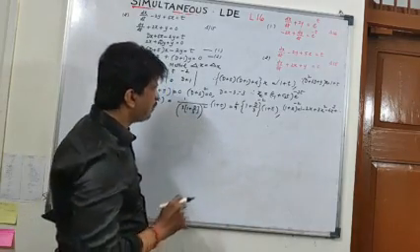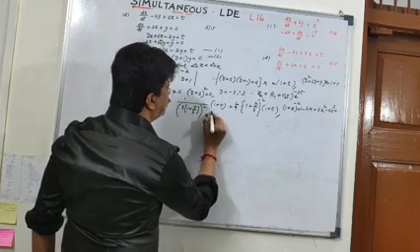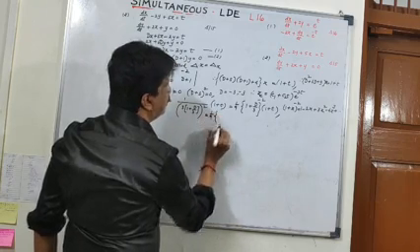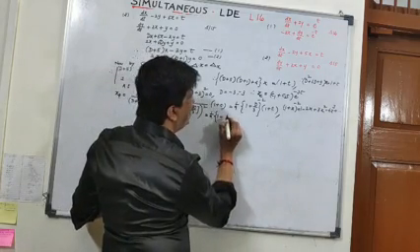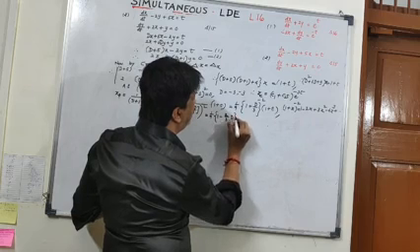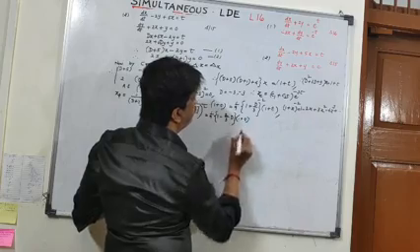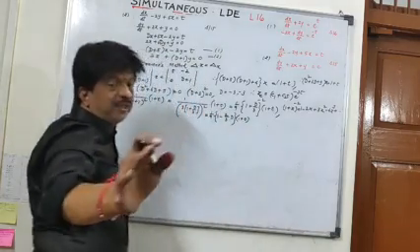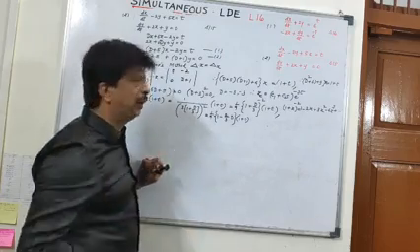So I am expanding this. This is equal to 1/9 times (1 - 2D/3) into (1 + t). I have expanded up to the first term only because the degree of t is 1 only.